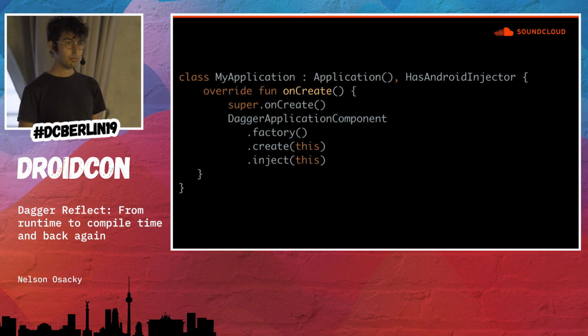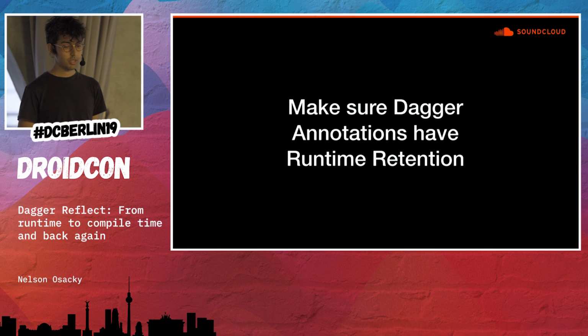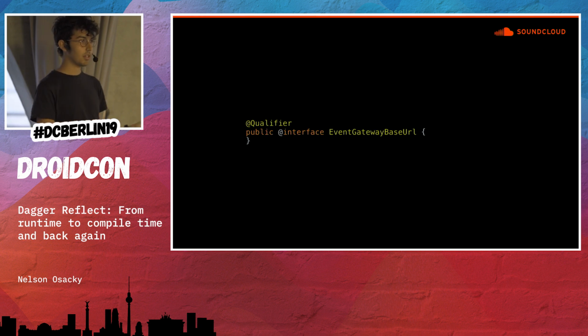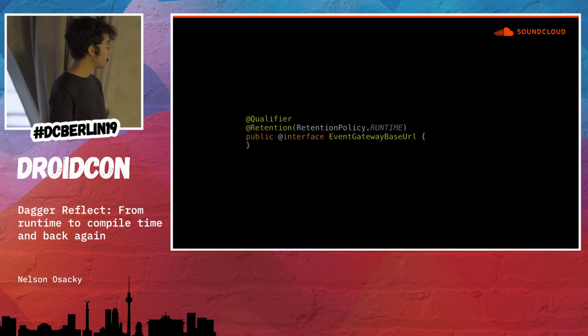The second step is to make sure all your Dagger annotations have runtime retention. So Dagger itself, all the annotations, for example, factory, component, this and that, already have runtime retention in the library. But if, for example, you were using a qualifier annotation in your project, you just have to sneak in that line right there.